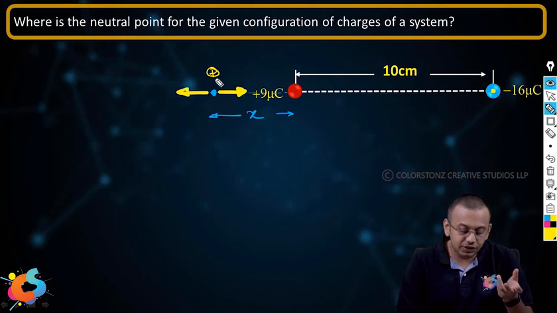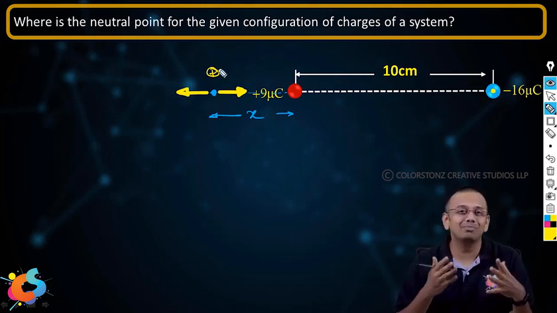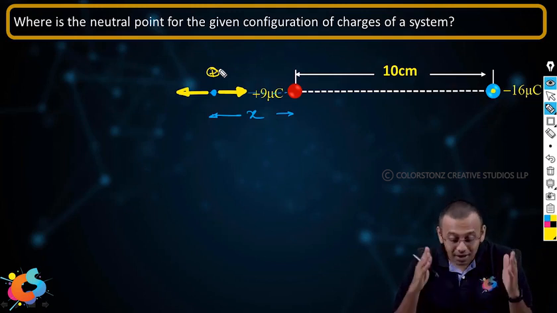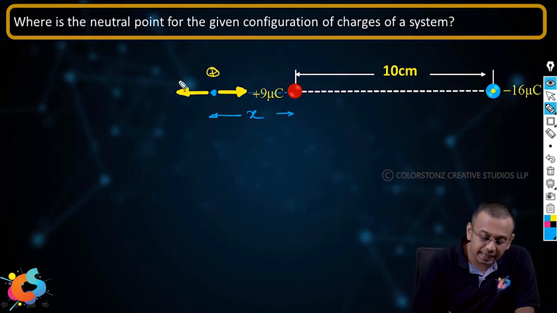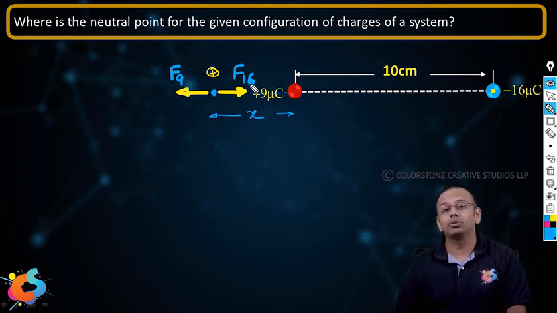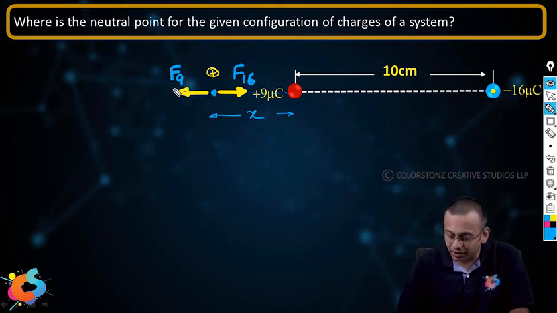The sign of this charge will not matter, because even if it is negative, the attraction and repulsion are simply going to get interchanged, but the net force is still going to be 0. So this is the force due to the 9 microcoulomb charge, whereas this is the force due to the 16 microcoulomb charge.